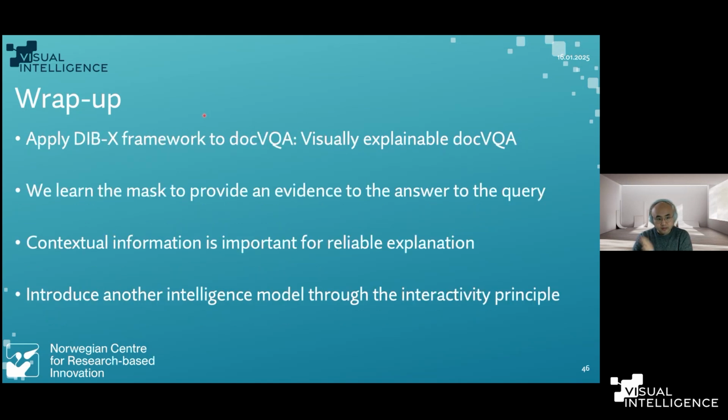Then we apply this DIB-X framework to the document VQA setting. Our aim is to make a visually explainable document VQA. We learn the mask to provide evidence for the answer to the query instead of providing a bounding box-like mask to the model. We also want to keep the contextual information for a reliable explanation. To achieve this, we introduce an additional intelligence model called ColPali through the interactivity principle.